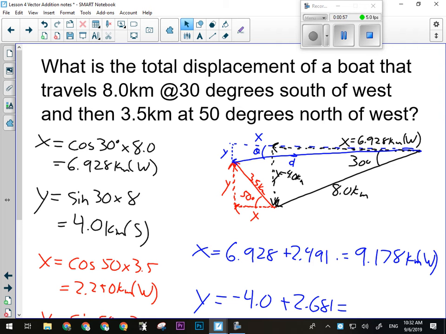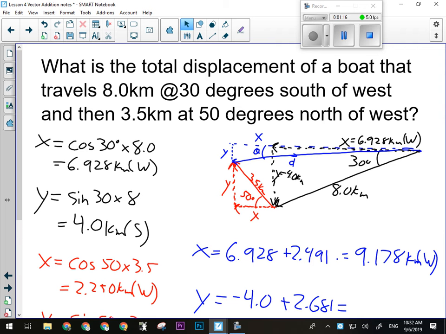Okay, so now that I have that, I know that all of these triangles have a horizontal, or x component, and a vertical, or y component. What I need to do is find those x's and y's, those horizontal components and vertical components, and put them together.